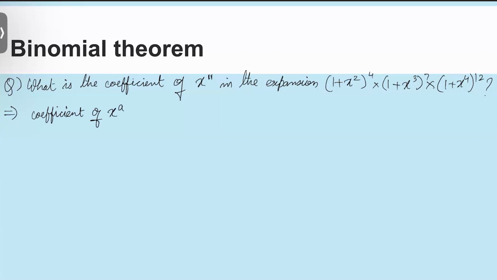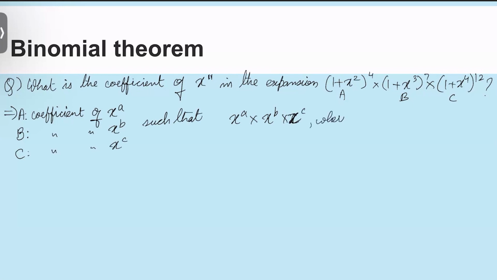Considering this as your a term, b term, and c term, with respect to a you will have the coefficient of x raised to a, with respect to the b term the coefficient of x raised to b, and for the c term the coefficient of x raised to c, such that you will have x^a multiplied by x^b multiplied by x^c, where a plus b plus c is equal to 11.